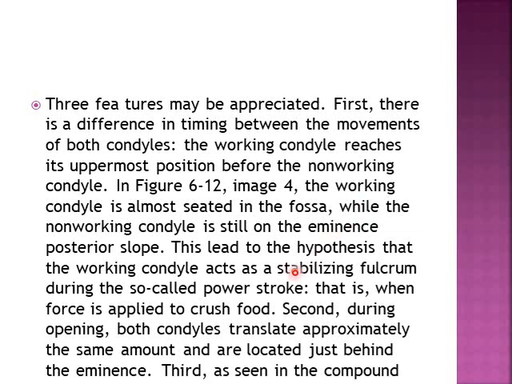This leads to the hypothesis that the working condyle will act as a stabilizing fulcrum during the so-called power stroke. That is when the force is applied to crush food. During crushing of food, the power stroke, the working condyle will act as a fulcrum to the non-working.